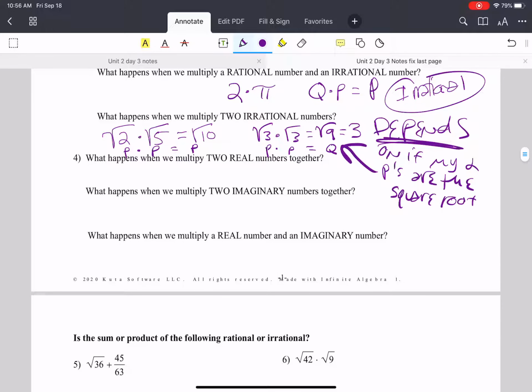When we multiply two real numbers together, shout out an example of a real number. 3, I'll take it. Another example of a real number. 10. Oh my gosh, you guys, it's like pulling teeth. That's how it feels when I ask for a volunteer for an easy question.